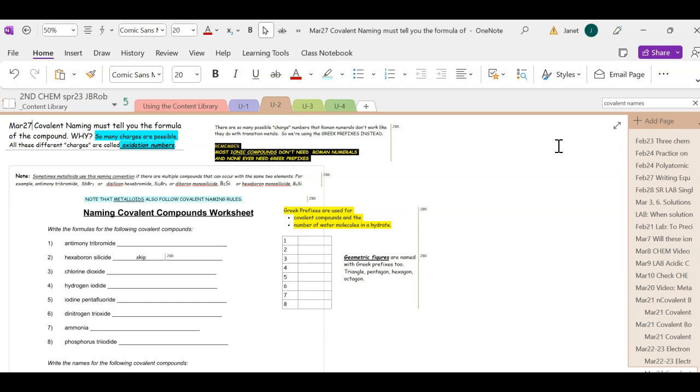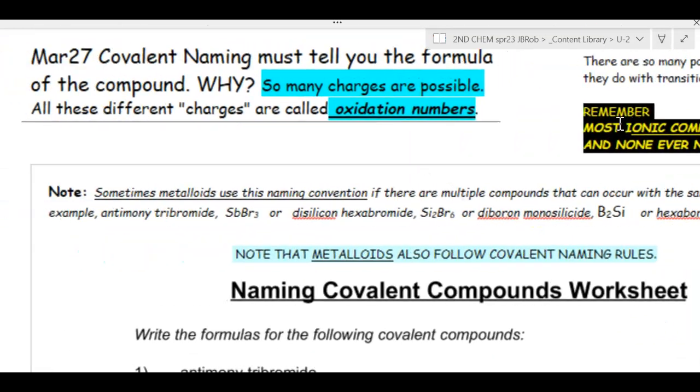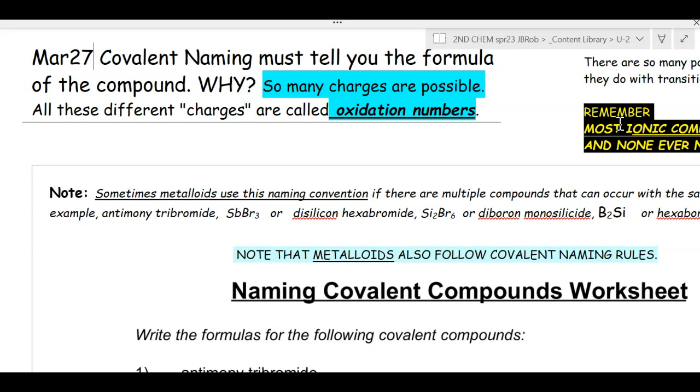So we're going to learn to name covalent compounds. They're very different than ionic compounds, and you'll see by the naming why we have to do it. The key idea here is there are so many charges possible with covalent elements in a covalent bond. And all these different charges are really partial charges.